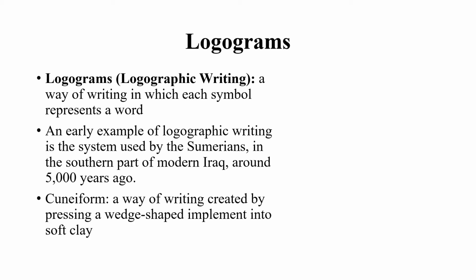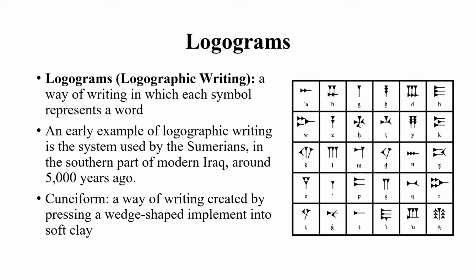Because of the particular shapes used in their symbols, these inscriptions are more generally described as cuneiform writing. The term cuneiform comes from Latin and means wedge shaped. The inscriptions used by the Sumerians were produced by pressing a wedge-shaped implement into soft clay tablets that created a permanent symbol when the clay hardened.